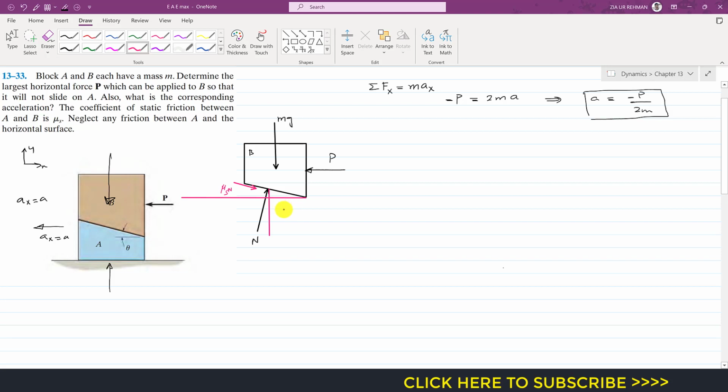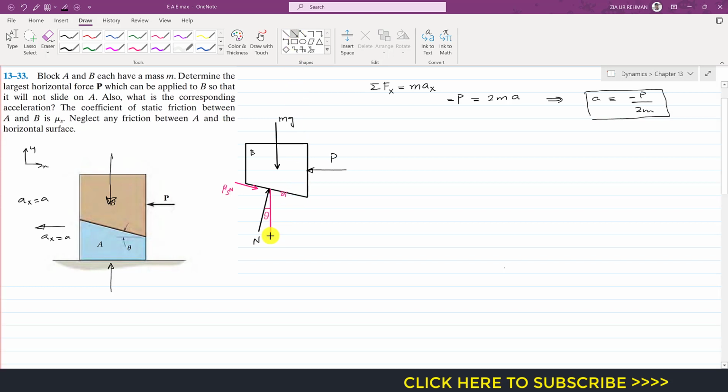So this means that if here the angle is theta, then this normal is also making angle theta with the vertical line. So this is that normal N which is making angle theta with the vertical line. So we can resolve this normal into its components. So we will have two components. This normal force will have one component like this.